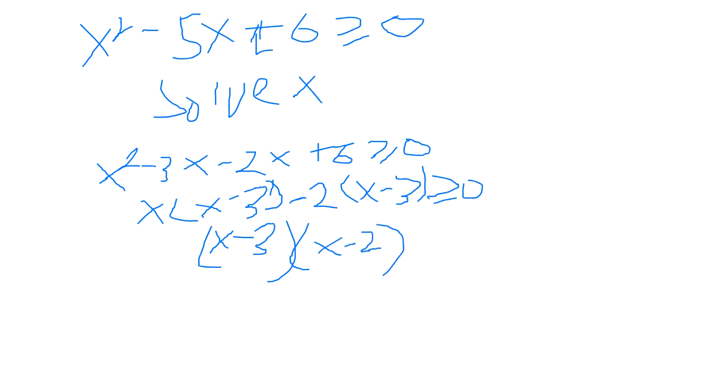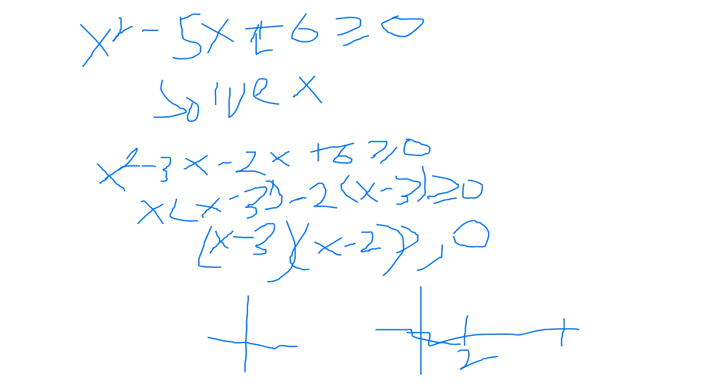Back then in high school, you will plot a graph like this. You know that now x can be 3, x can be 2. So you plot a graph like this. Here will be 2, here will be 3. Because the coefficient is positive, it will be a minimum curve like this.